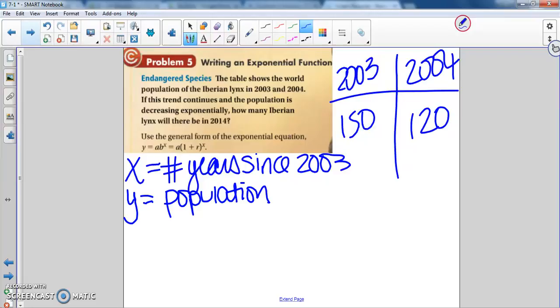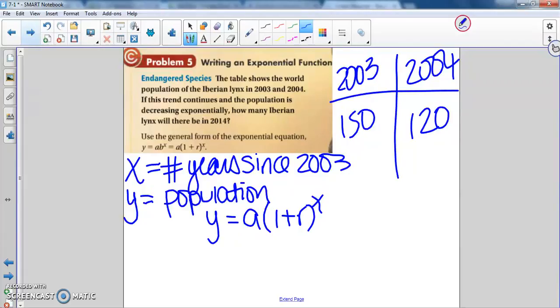We want to find out what r is, so think about y is equal to a times 1 plus r to the x power.